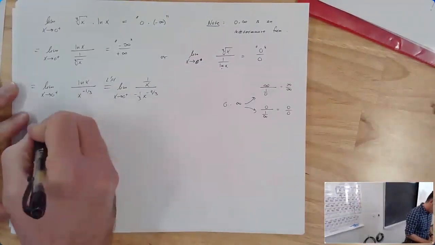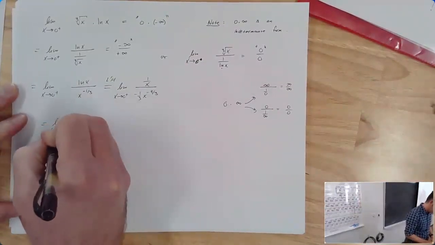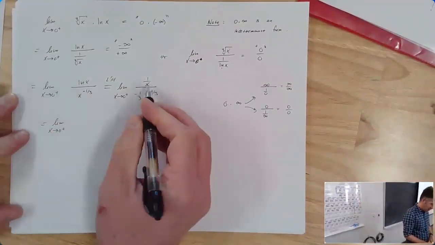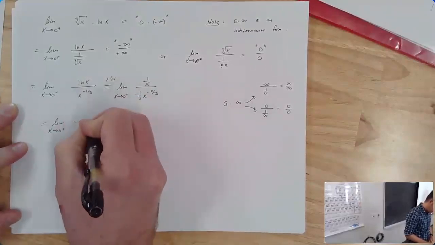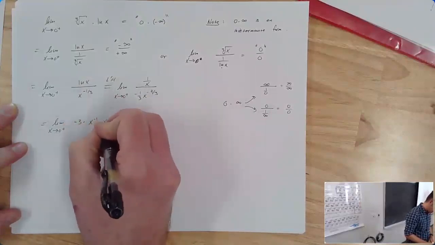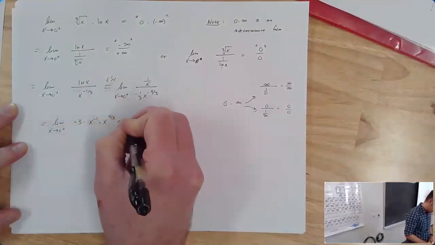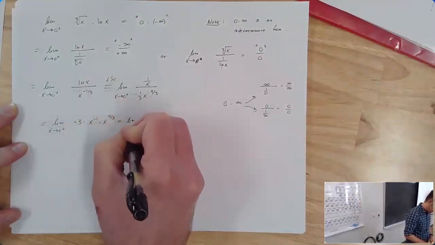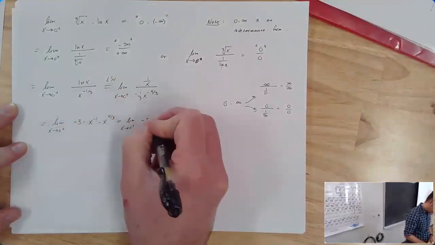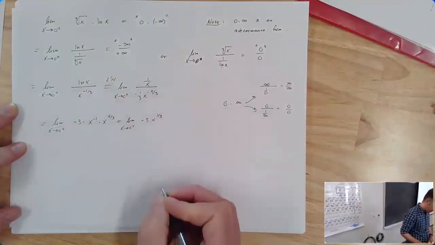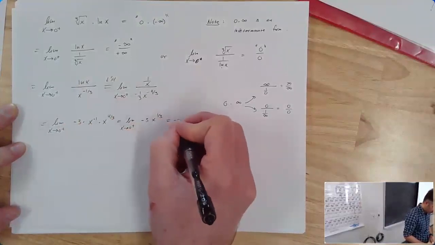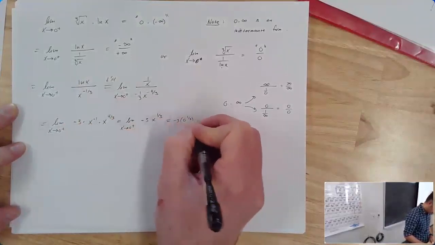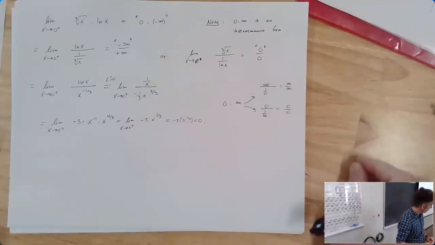So I'm going to rewrite this as the limit as x approaches 0 from the right of negative 3 times x to the negative 1 times x to the positive 4/3, which ends up being the limit as x approaches 0 from the right of negative 3 times x to the positive 1/3. And I can plug in 0, and 0 to the 1/3 is just 0. So it is 0.